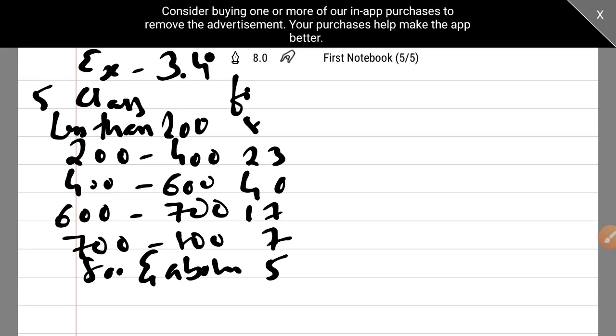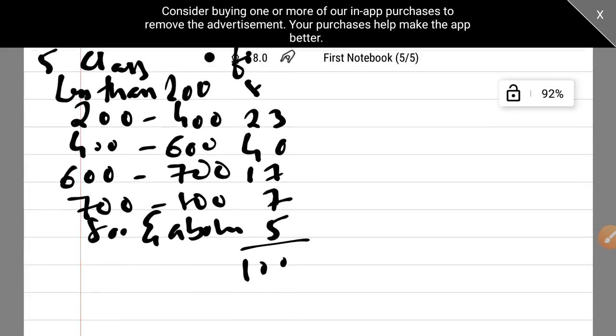So let us do the total. It's 8 plus 23 plus 40 plus 17 plus 7 plus 5. So it is 100.